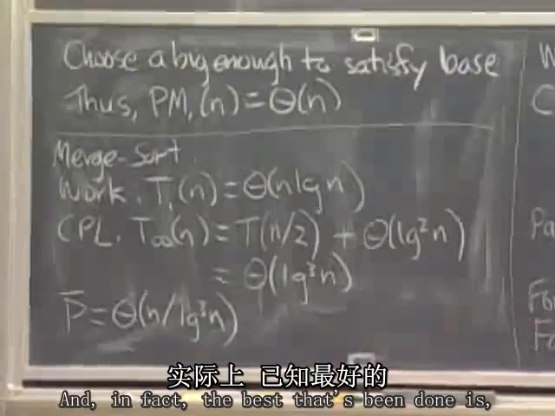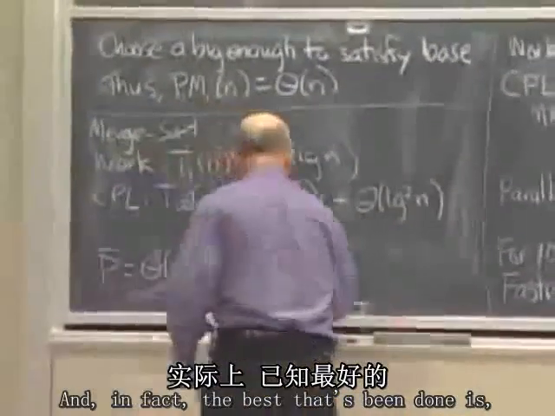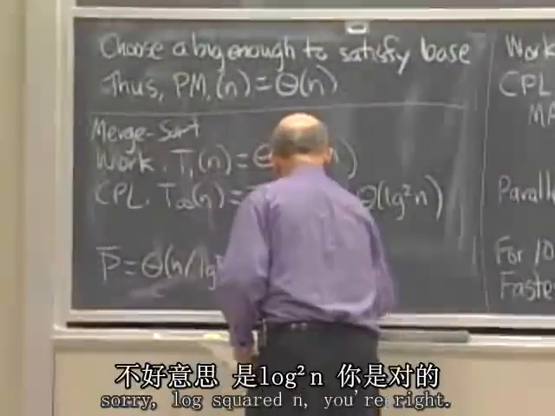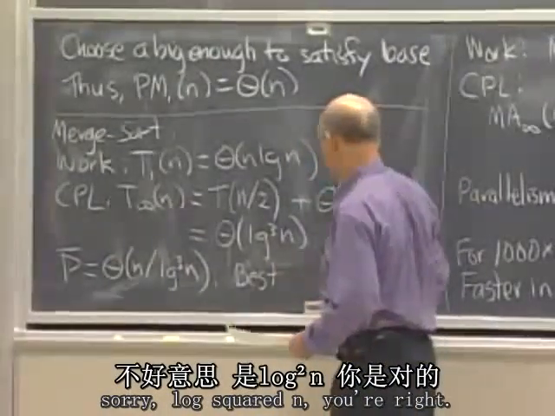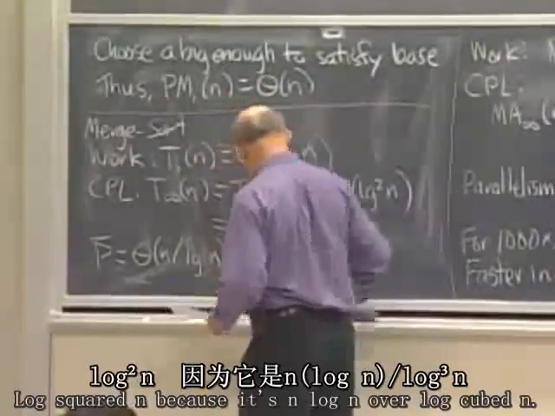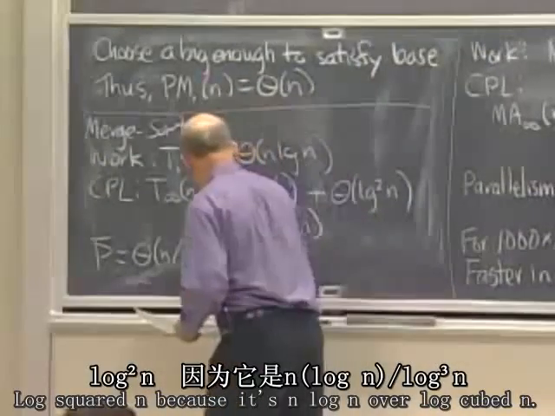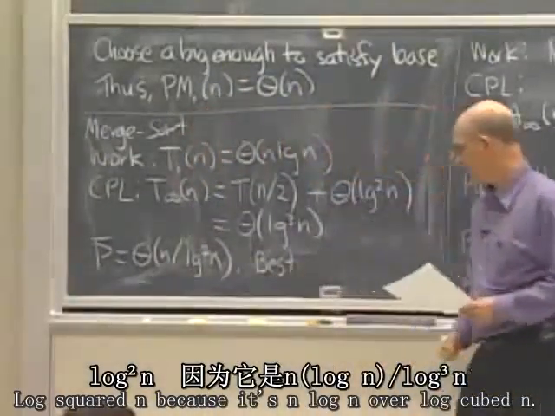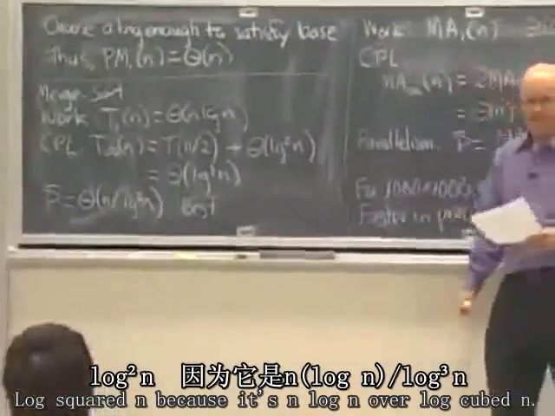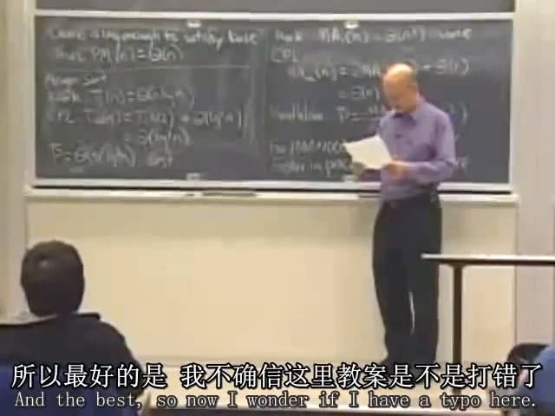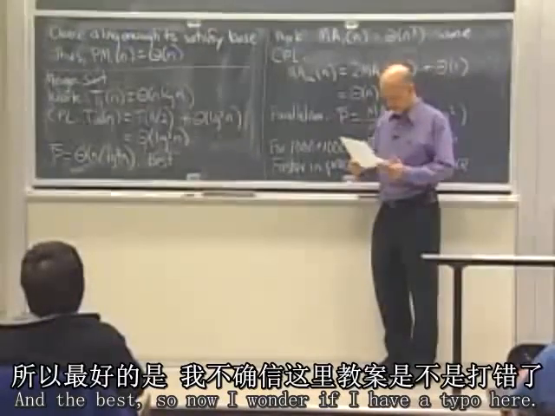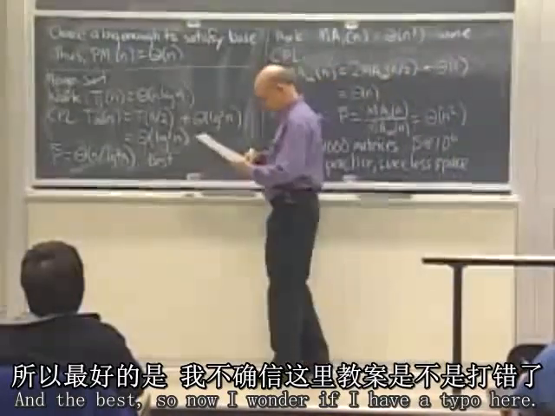And in fact, the best that's been done is, sorry, n over log squared n. You're right. How come I have log squared n? Because it's n log n over log cubed n. It's n over log squared n. And now I wonder if I have a typo here.